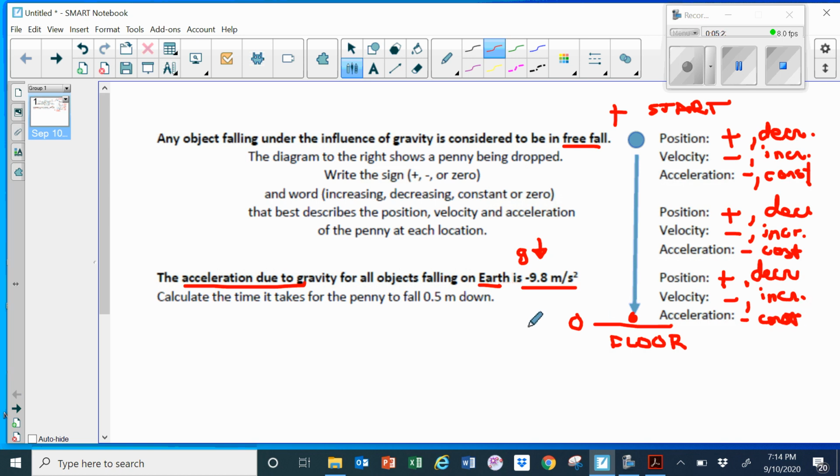So now we want to calculate the time it takes for a penny to fall 0.5 meters down to the floor. Okay? Now, what are my givens? Well, first of all, I'm going to write my givens.